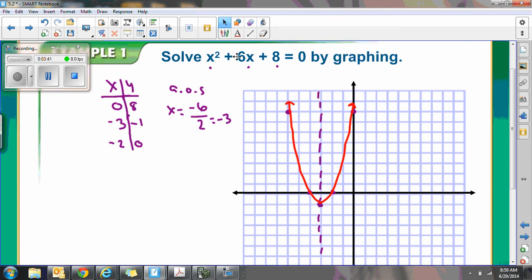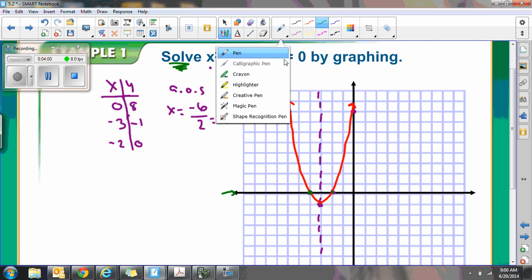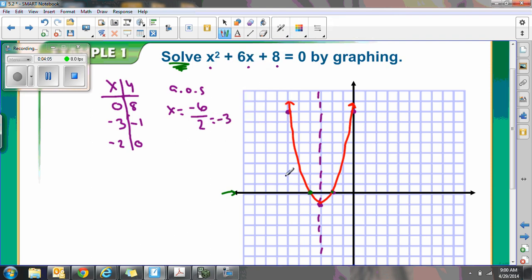Now, all we're doing here today that makes things slightly different is we're now trying to solve this equation. So basically, I'm finding out what values of x make this 0. And that means, when does it touch the x-axis? It clearly touches the x-axis twice. Once here, and once there. I can actually zoom in a little bit on those points. That didn't seem to go through there.